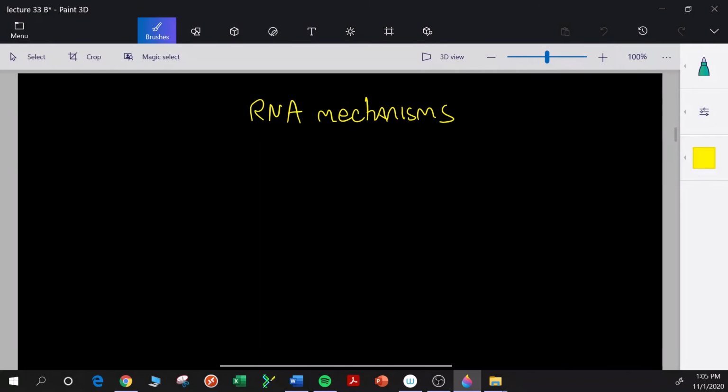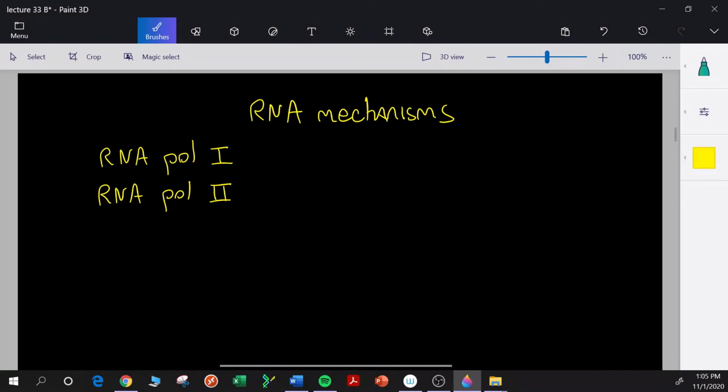Because we are talking about RNA molecules in eukaryotic cells, we need to first introduce the various types of RNA polymerases in eukaryotic cells.